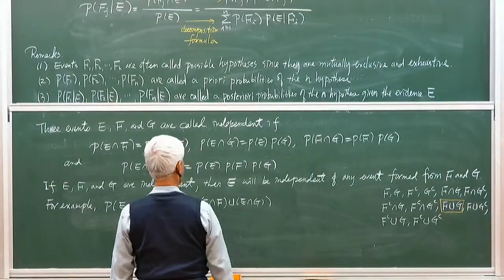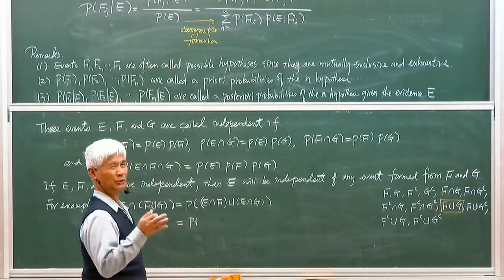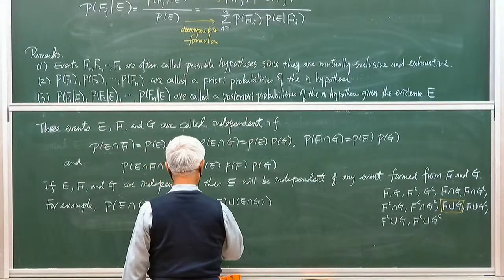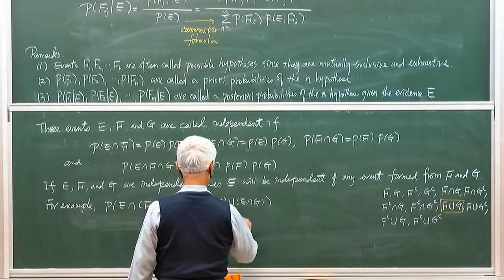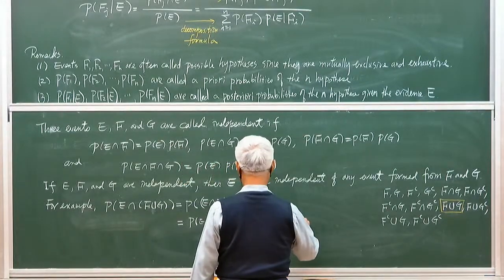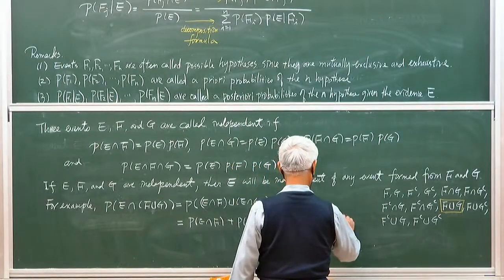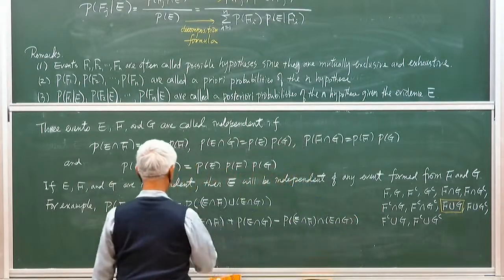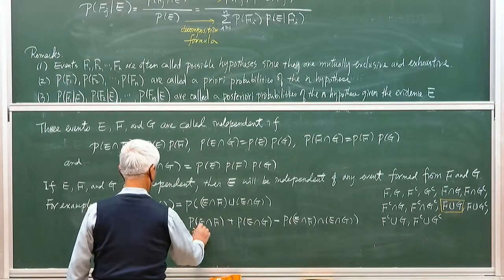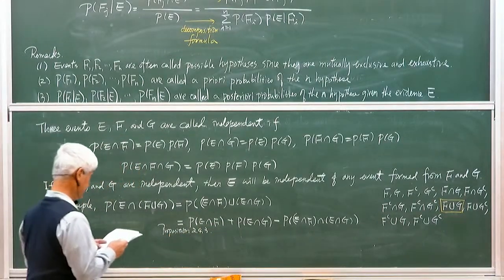Instead, we apply Proposition 2.4.3, which is just the simple inclusion-exclusion formula: P plus P minus P.